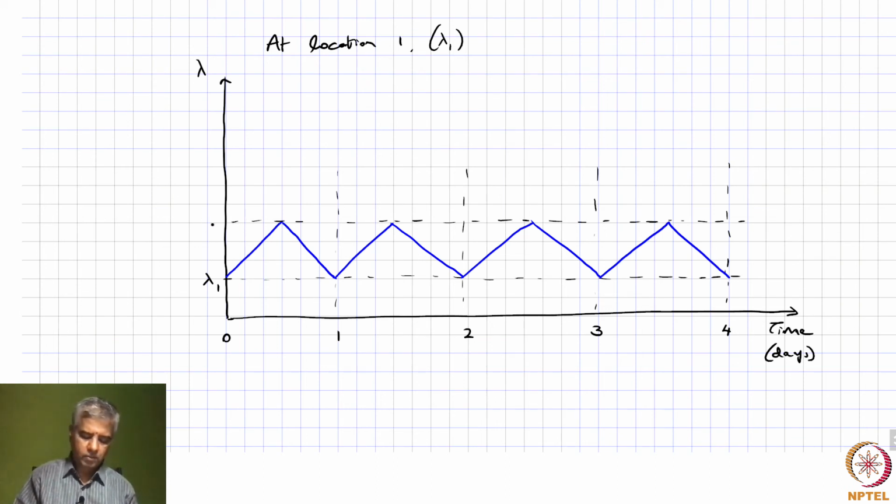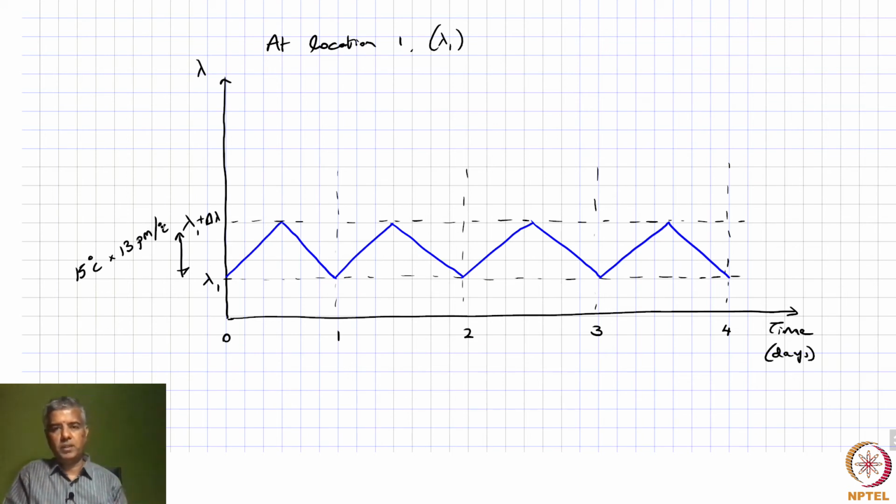So this wavelength is going to be lambda 1 plus some delta lambda, and that delta lambda you can actually figure out. We are expecting a 15 degree change in temperature multiplied by the rate at which the Bragg wavelength changes with respect to temperature. Let's say it's 13 picometer per degree centigrade. Mind you, that is actually a rough number.